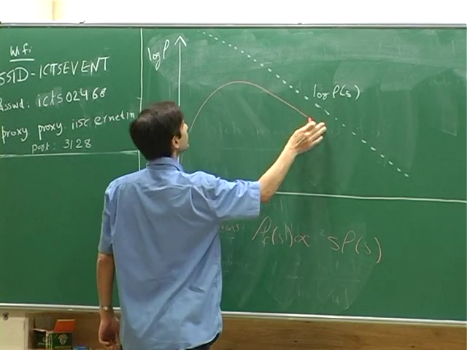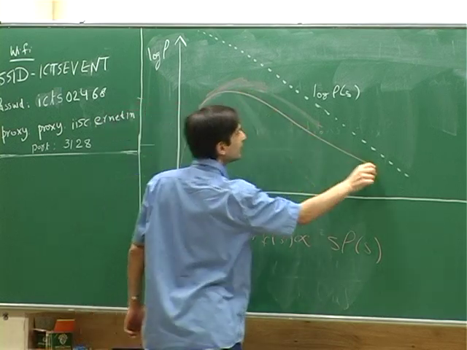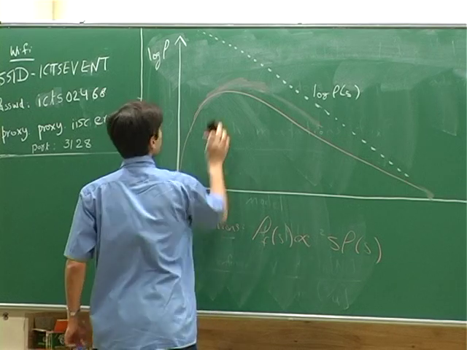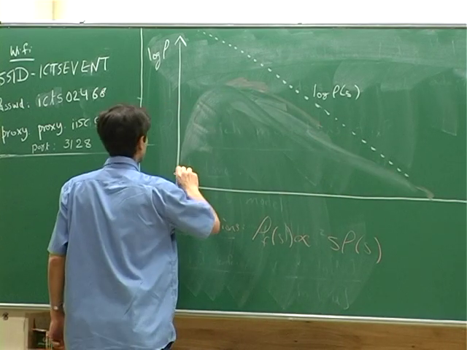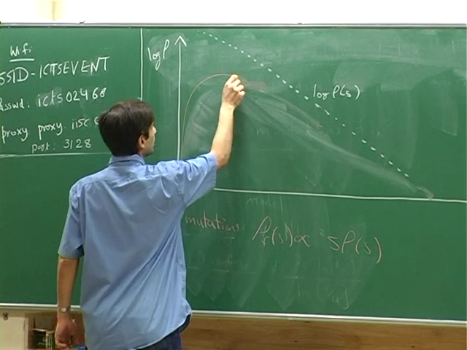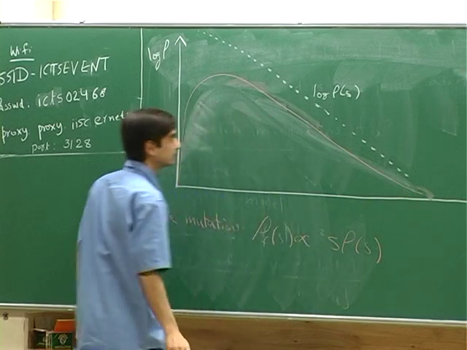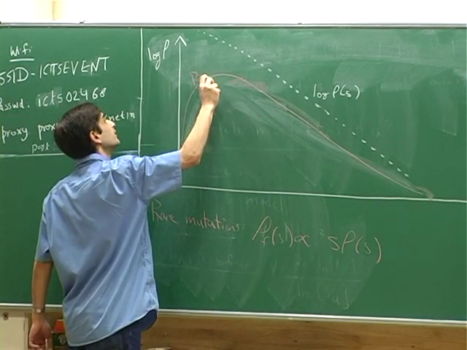And then you'll have some probability kind of like that. So this is the distribution if mutations are rare.